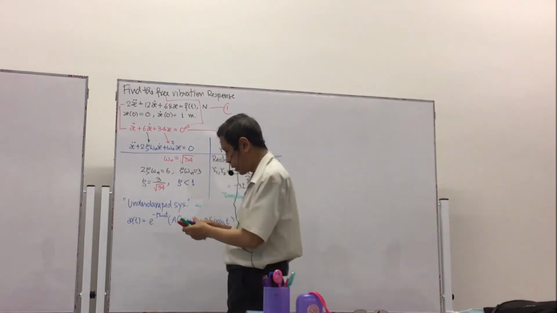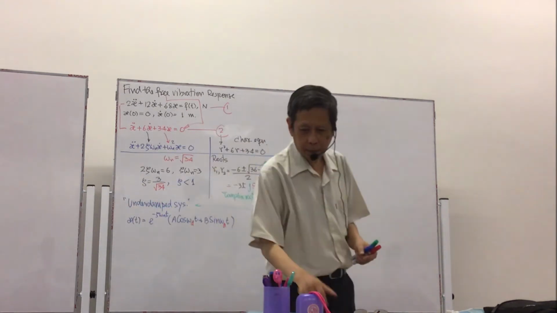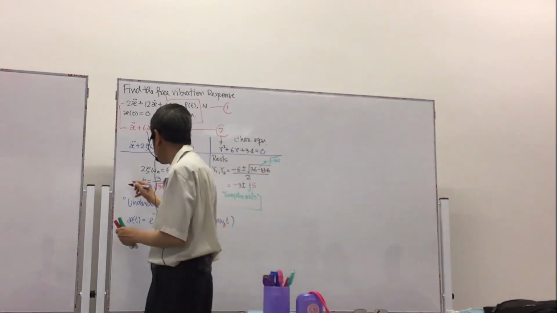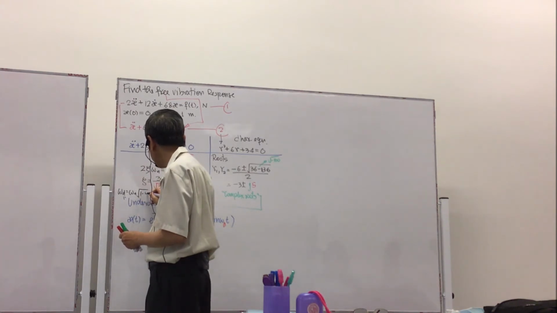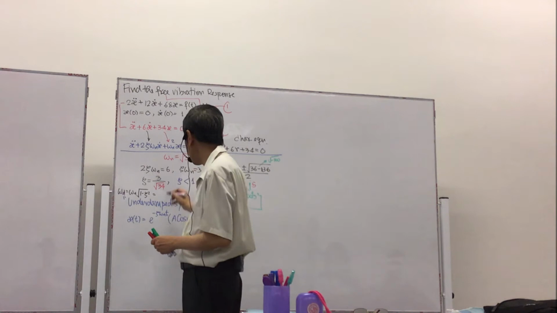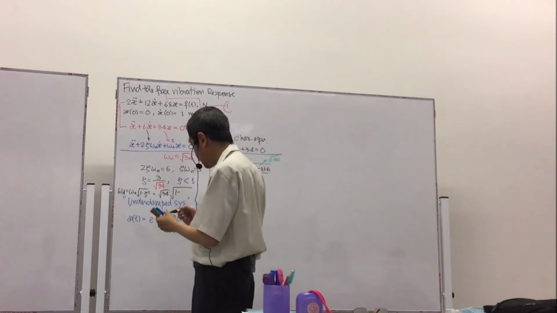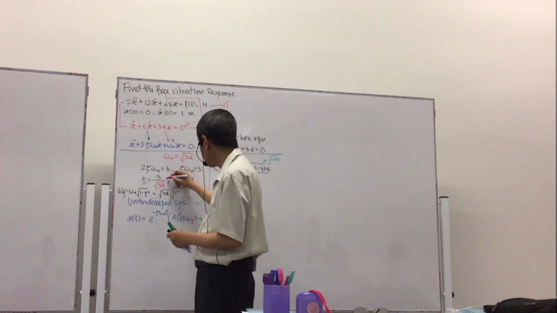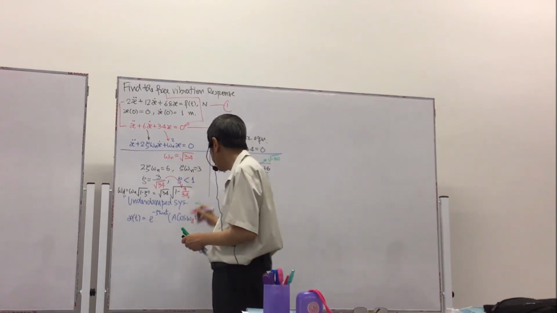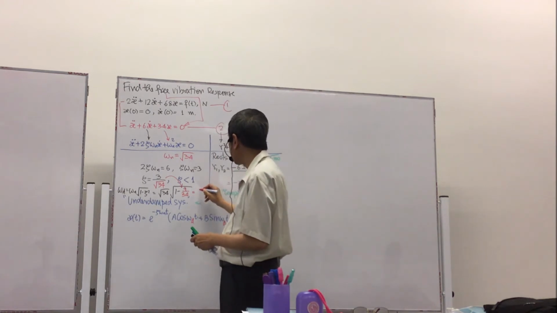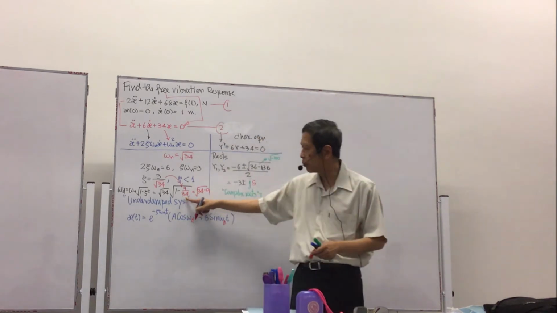I can show you: omega sub d equals omega sub n times the square root of 1 minus zeta squared. Omega sub n is the square root of 34, times the square root of 1 minus zeta squared, which is 1 minus 9 over 34, or 34 minus 9 divided by the square root of 34.